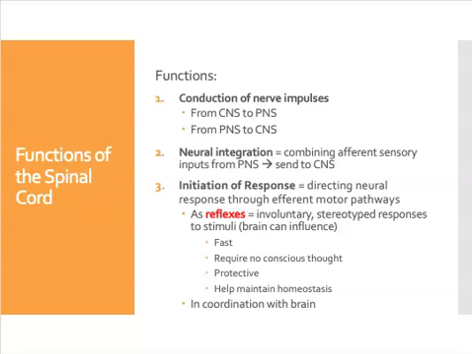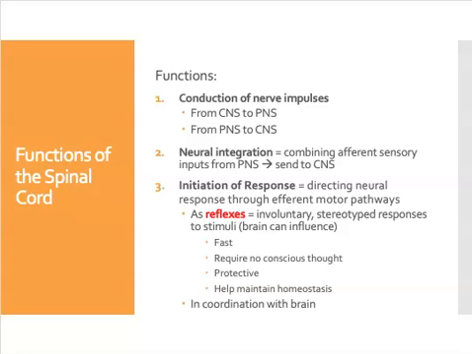Now, there are two ways that the spinal cord does this. One of the ways is independent of the brain for the most part. We've talked about this before. These are what we call reflexes. It's possible for sensory input to come into the spinal cord, be integrated in the spinal cord, and then a response be initiated from the spinal cord without input from the brain.